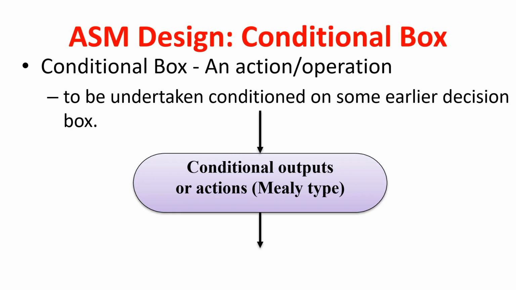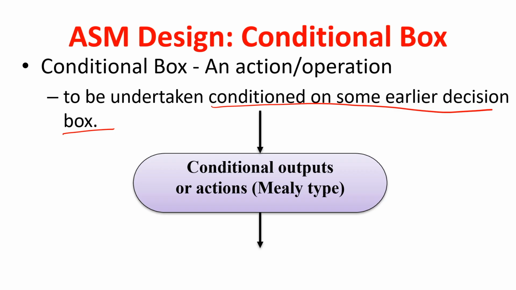Conditional box: an action or operations to be undertaken conditioned on some earlier decision boxes. So, what it says is that conditional boxes need to be associated with a decision box, that is a must. A conditional output box without a decision box we cannot do.